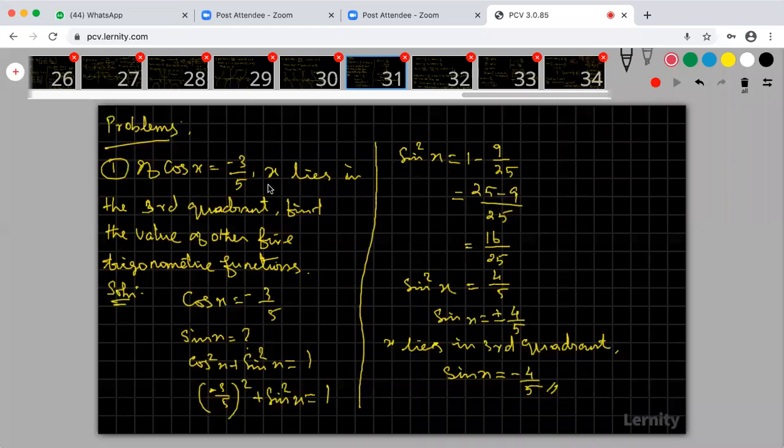X lies in the third quadrant. What about your sin square x? Cos x is minus 3 by 5, the whole square, so this is 9 by 25. Here it becomes 1 minus 9 by 25, so this is 25 minus 9, that is 16 by 25. If you take the square root, that is plus or minus 4 by 5. Plus 4 by 5 is not possible because x lies in the third quadrant for sin x.